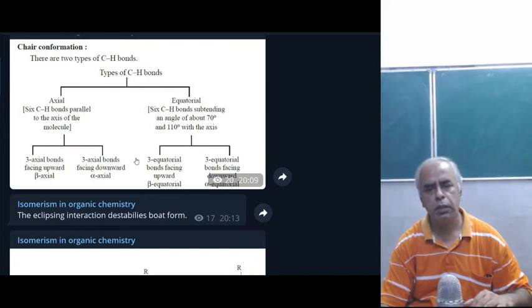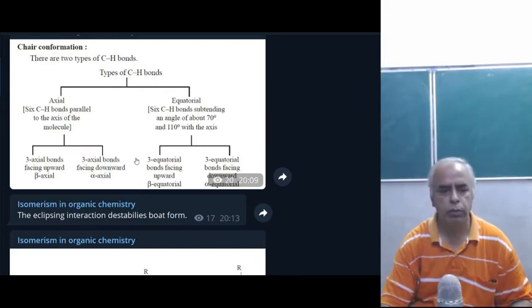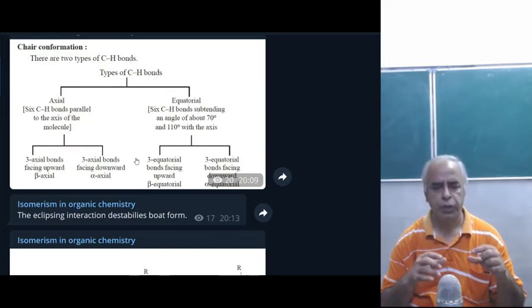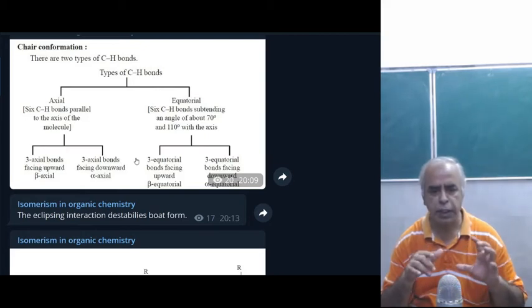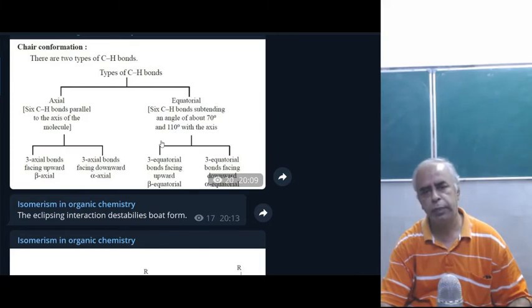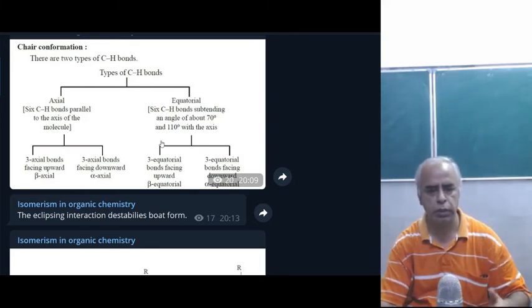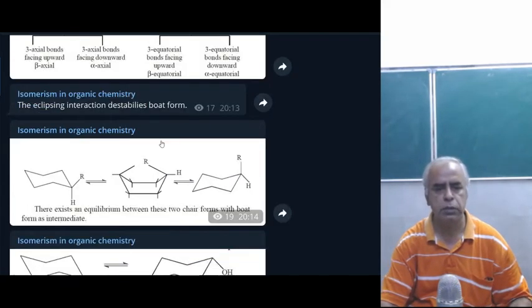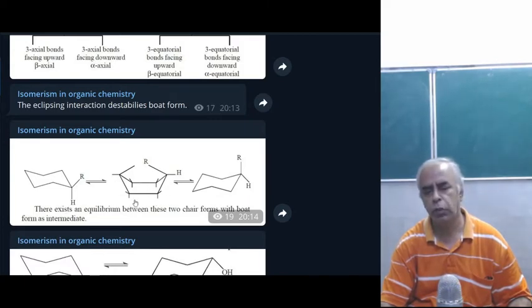Here you should note down one important point: the eclipsing interaction destabilizes the boat form. Eclipsing means they hide each other. For instance, in this case these two are eclipsing hydrogens.